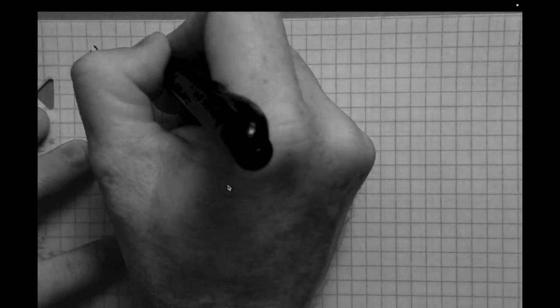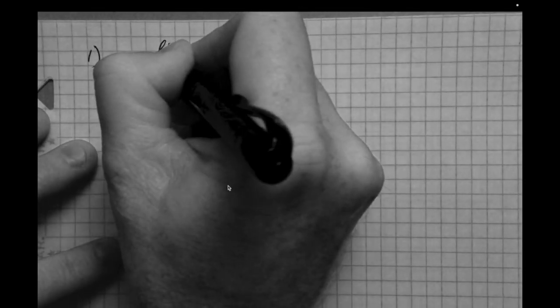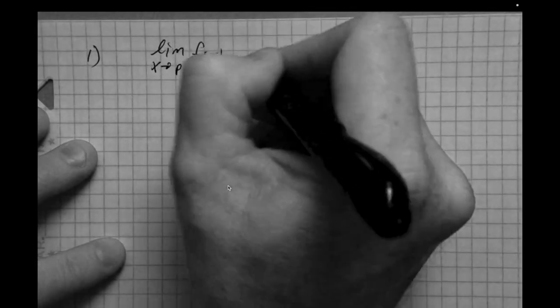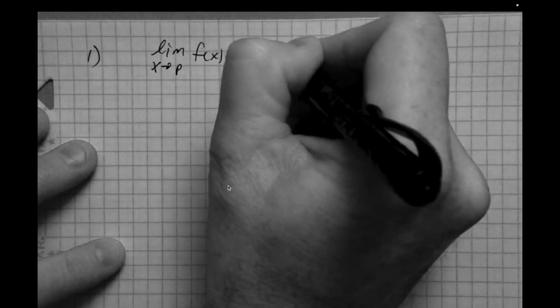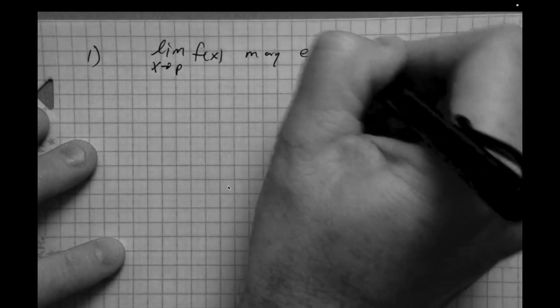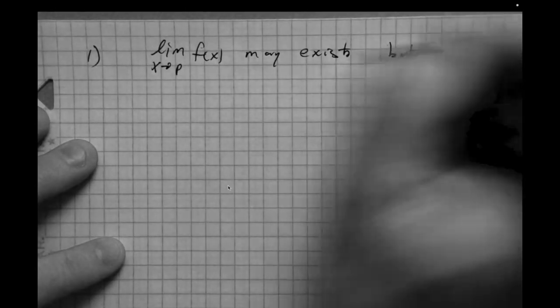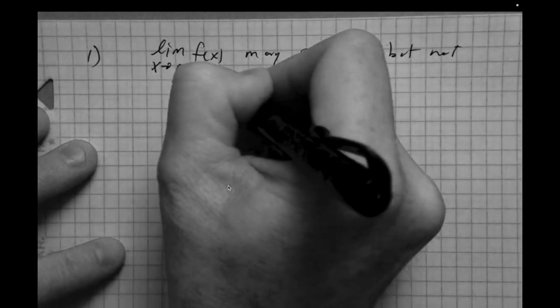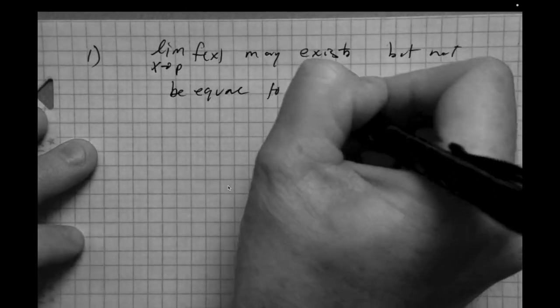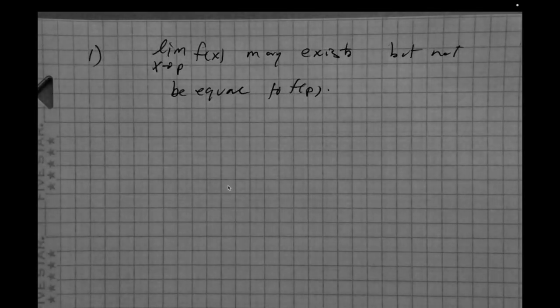The first type is the limit may exist, but it may not be equal to f of p. So you may have that the limit as x approaches p, the overall limit may exist, but not be equal to f of p. Either f of p is something totally different, or maybe f of p is not defined. F may not be defined at p.